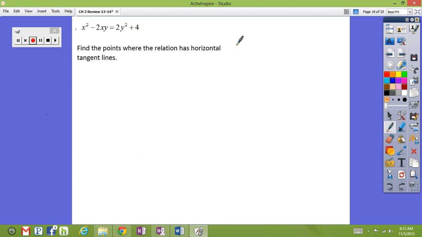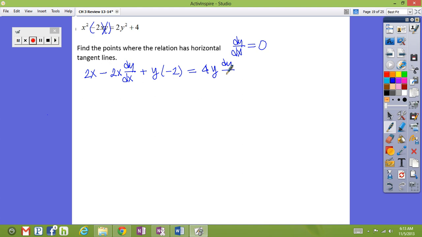So horizontal tangent line is where dy dx equals 0. So find dy dx. So product rule, negative 2x times dy dx plus y times negative 2 is equal to 4y dy dx plus 0, so I'm not going to write the 0. All the dy dx terms will come over to, I guess it doesn't matter, but I'll take everything to that side because it's already positive there.